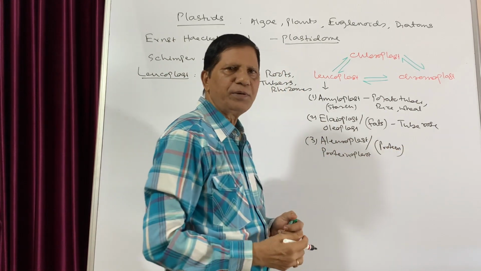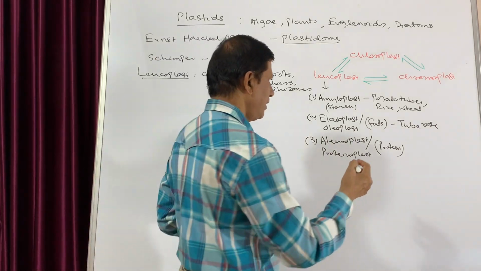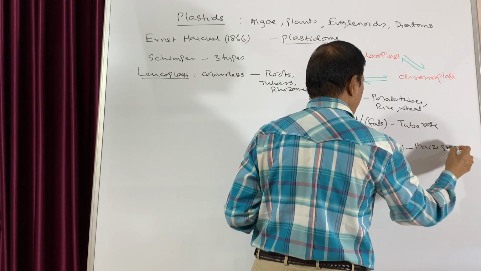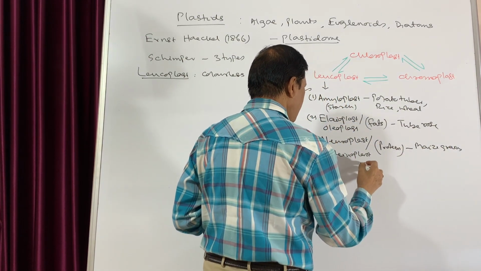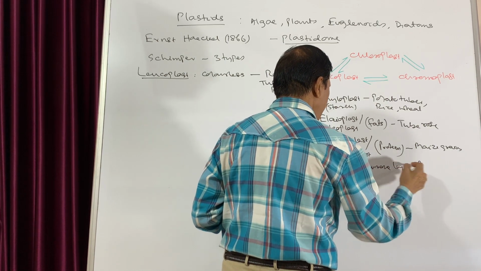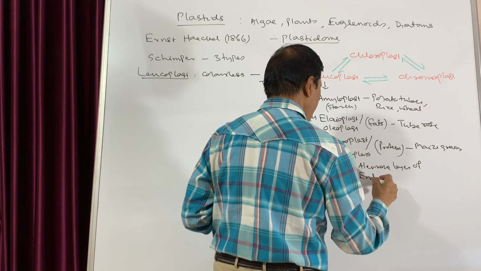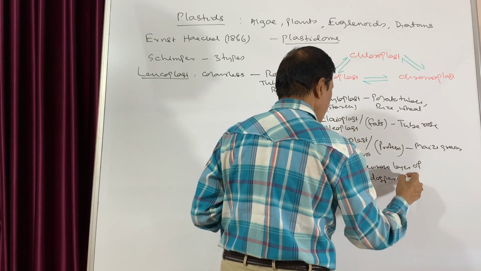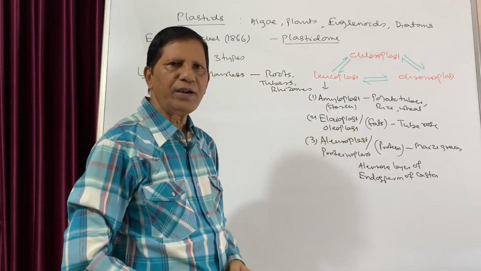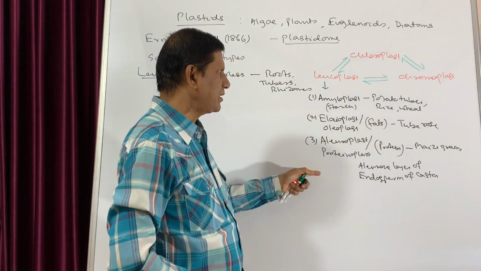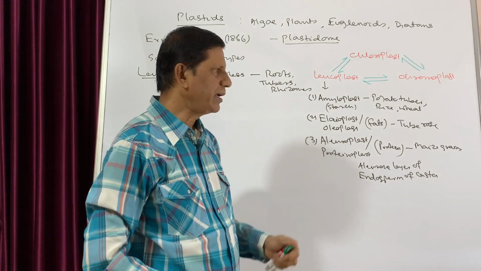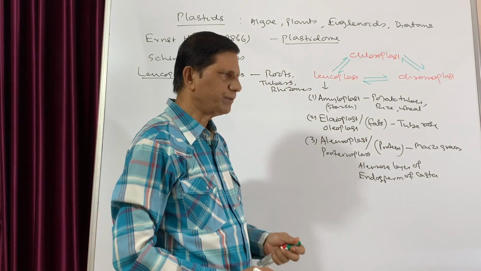These are commonly present in maize grains, and also in the aleurone layer of the endosperm of castor. So these are the different types of leucoplasts. All of them are colorless, and depending upon what type of food material they store, they have different names.